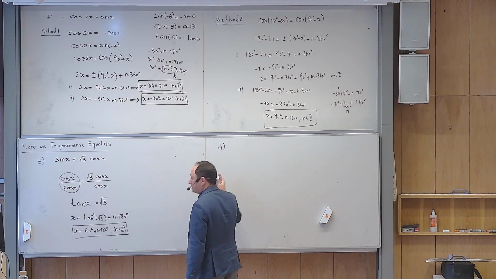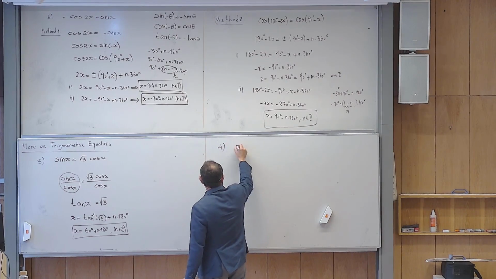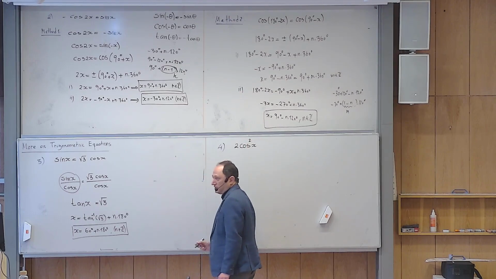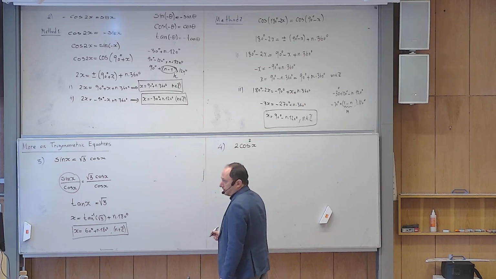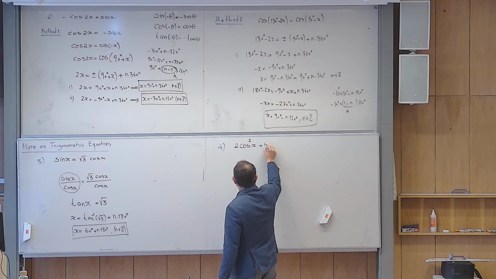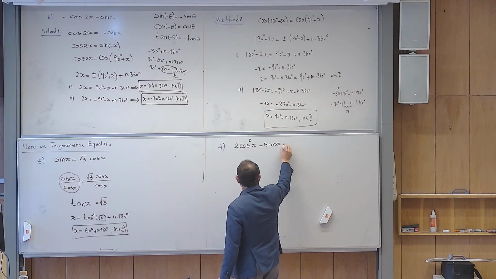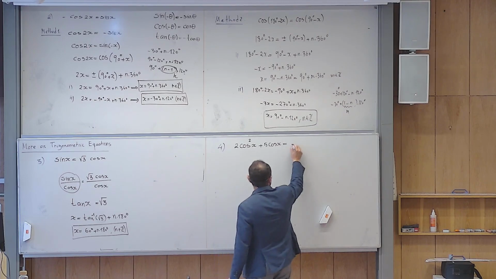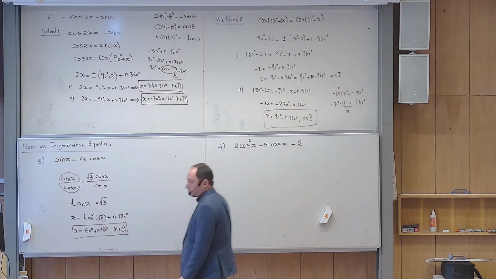So let me write it like this: 2 cosine x to the power of 2, and then plus 5 cosine x equals minus 2. So we want to solve this equation.